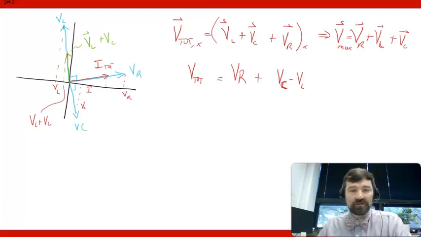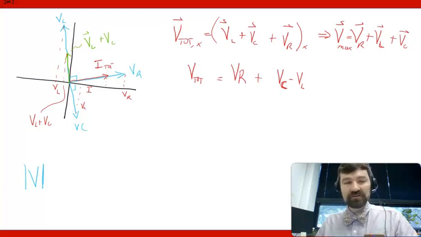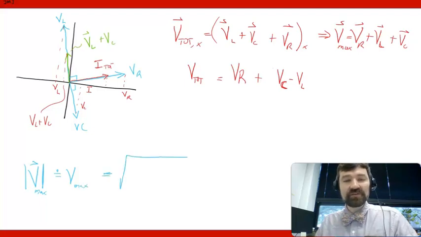All right, so where I'm going with this is, if I want to get the magnitude of a vector, you know that this right here can be represented as just like a V. And so if this is V max, this becomes V max. And we know that what that is, is the square root of the dot product of the vector with itself.